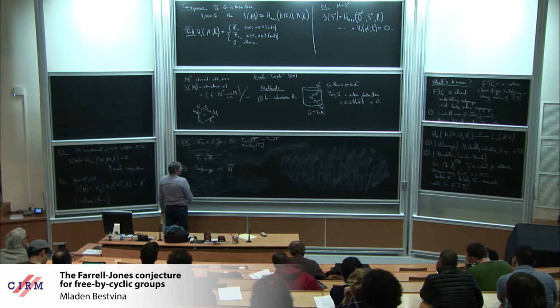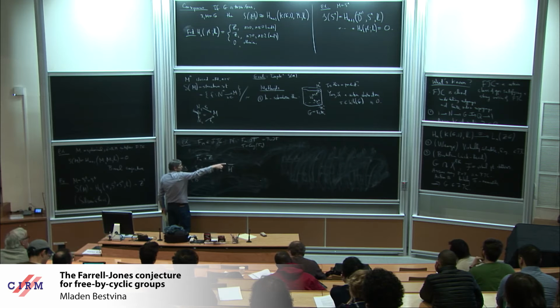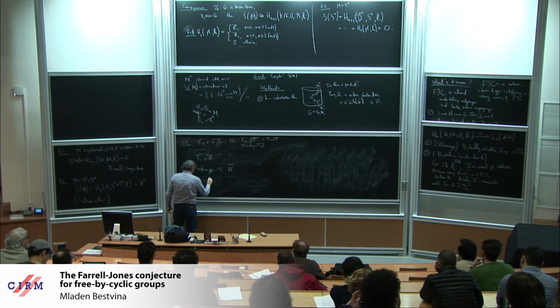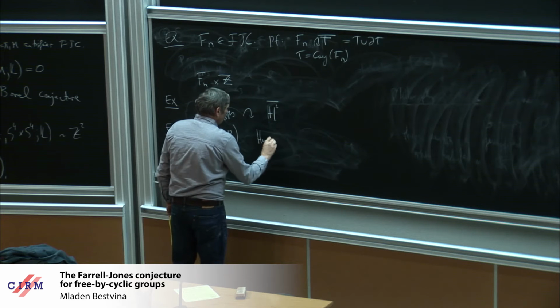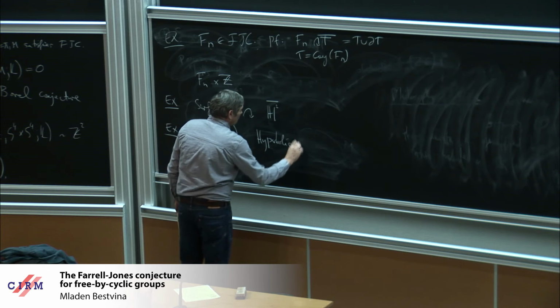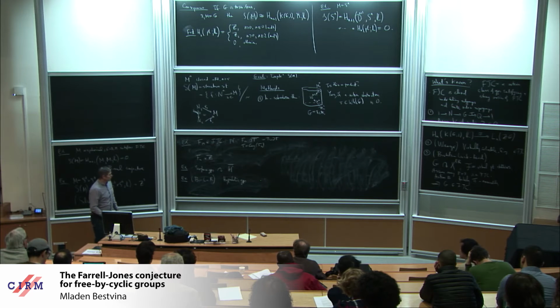Okay, then another example. This is a theorem of Bartels, Lück, and Reich. That's where they came up with it. So hyperbolic groups. Here they use the Rips complex. This also came up yesterday, right?